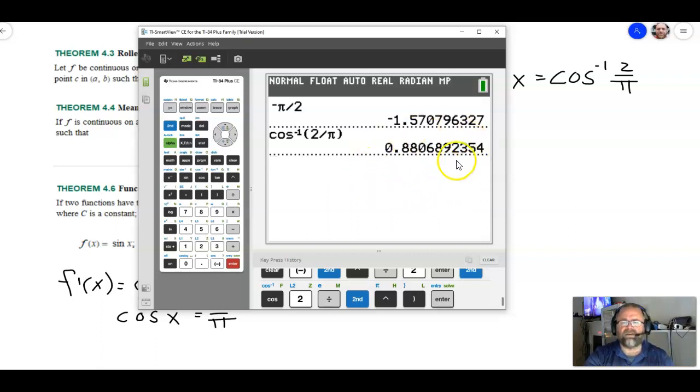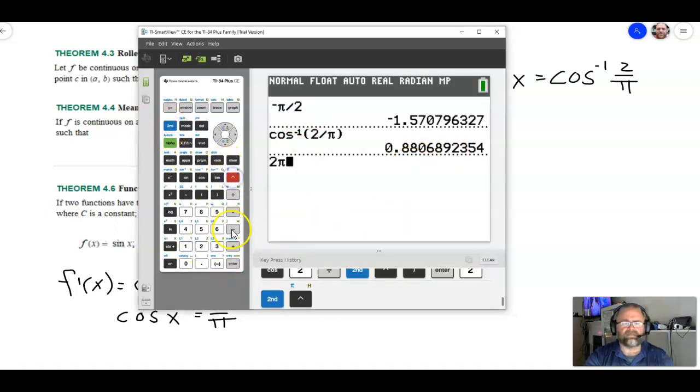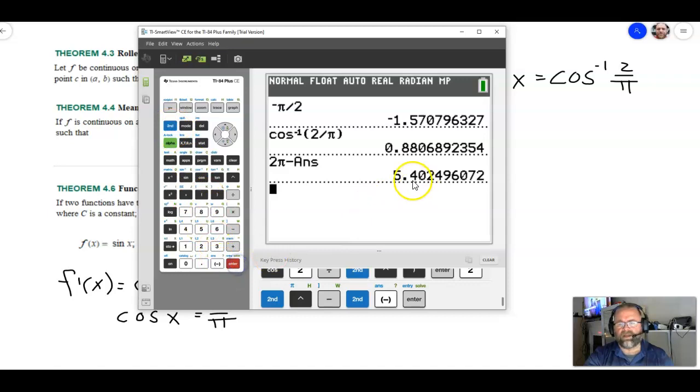So we have to find the co-angle as well. We can do that with cosine by subtracting this from 2 pi. So if I say 2 pi minus that last answer that we had, so the second answer, I get 5.4. Now that's outside of my range of negative 1.57 to positive 1.57.